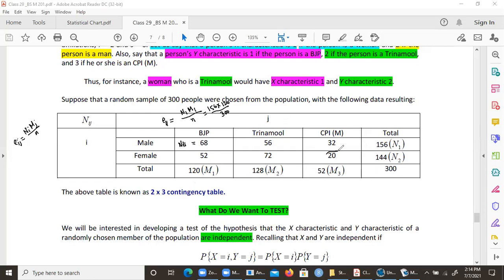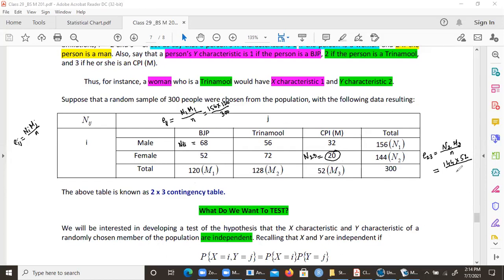If I consider this one, this is the observation N23. So if I want to calculate E23, what I need to do is that we have to consider N2 and M3, and we have to divide by n. Now N2 is 144 and M3 is 52.